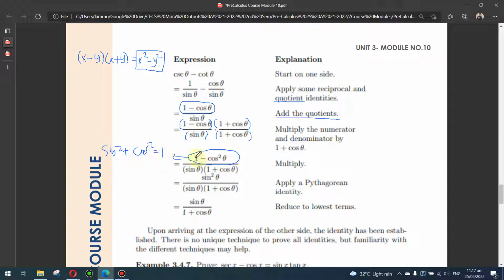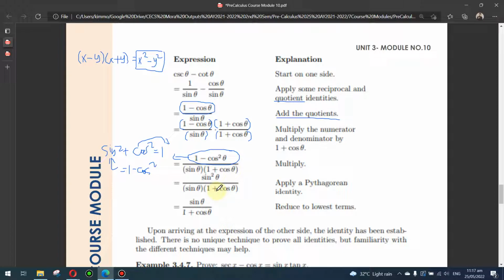So, 1 minus cosine squared, bring it to the other side, is actually equal to sine squared. So, that's why we have sine squared here.